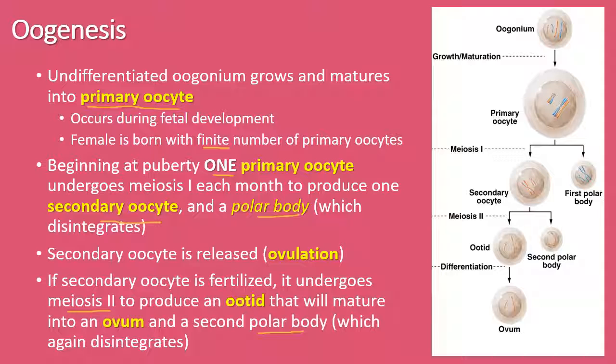So only if a sperm fertilizes that secondary oocyte, it'll undergo meiosis II, produce an ootid that matures into an ovum, which is considered the egg, and will produce that second polar body that disintegrates. So you start with one primary oocyte and you end with one egg cell. And you don't even get to that point unless that egg cell has already been fertilized.